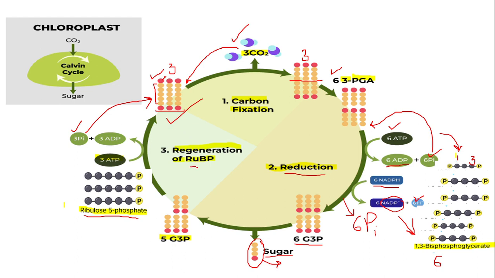So these are the 3 phases in which there is the use of carbon dioxide, and there is a production of the triose sugar, which will then combine with another triose sugar to form glucose or another organic compound that will be needed by the cell. So here is the complete reaction or complete cycle that is known as the Calvin cycle.